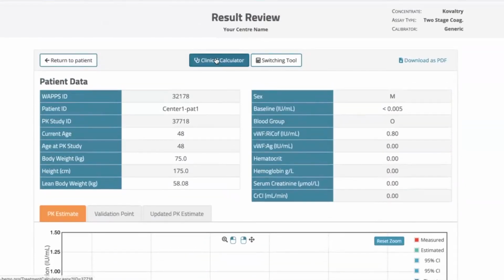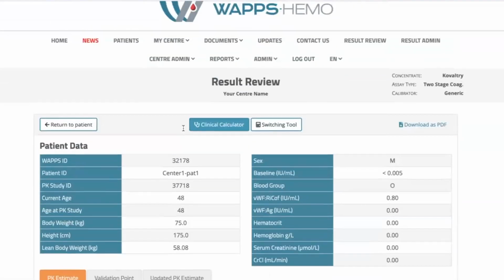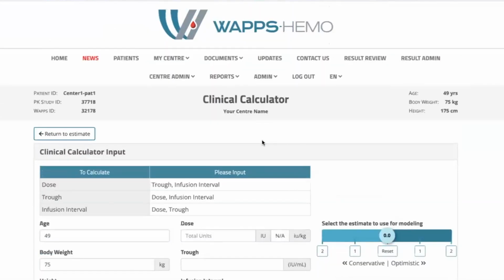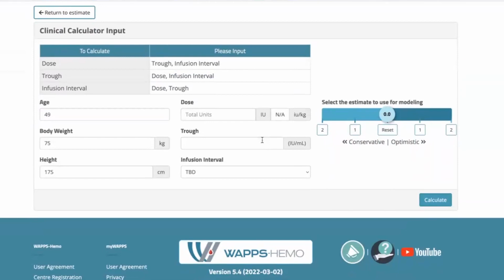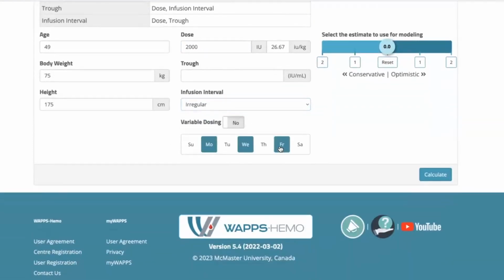Now we move to the clinical calculator. Once I have a PK, and from now on we use the one with the pre-dose, I go into the clinical calculator, and now I have a chance of modeling a regimen for the patient. This patient, for example, was on 2,000 units on an irregular treatment, Monday, Wednesday, Friday.